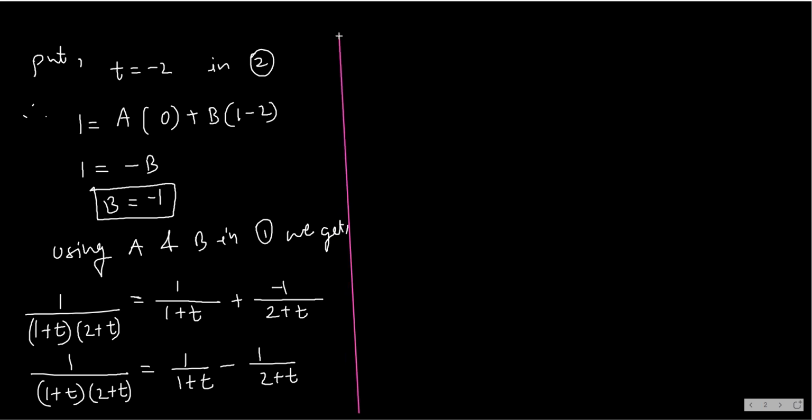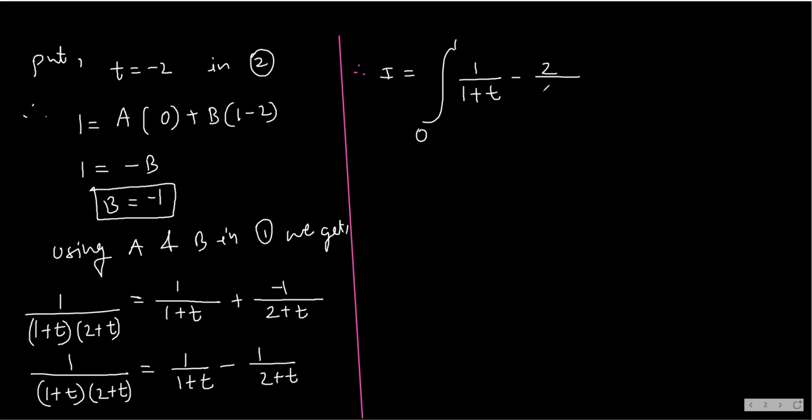Therefore I equals to the integral from 0 to 1 of 1 upon 1 plus t minus, I'm sorry, it's not 2 upon, it's 1 upon, minus 1 upon 2 plus t, dt.